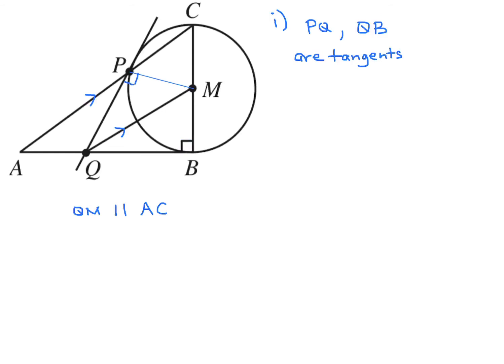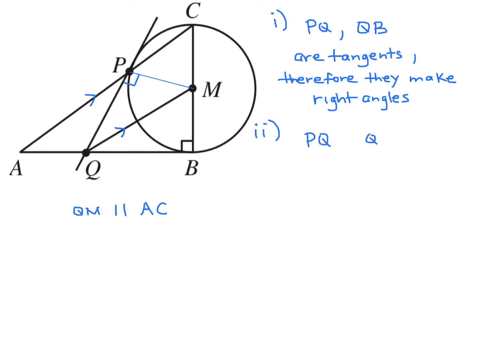Now the second point I want you to pay close attention to is again PQ and QB, but this time understand that they are equal. Why are they equal? Because they are tangents from the same point, namely Q. From Q you drew a line that went to B, it's tangent to the circle, and then you drew another line from Q to P, creating another tangent. And because they are tangents from the same point, they're equal in length.